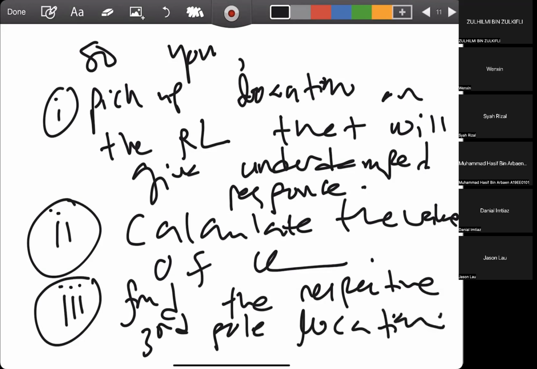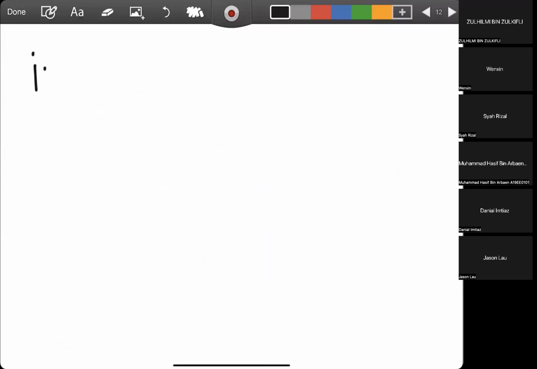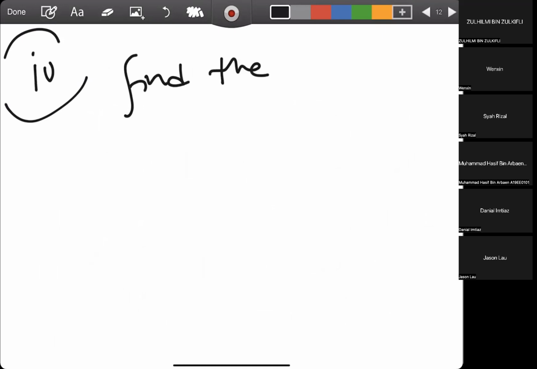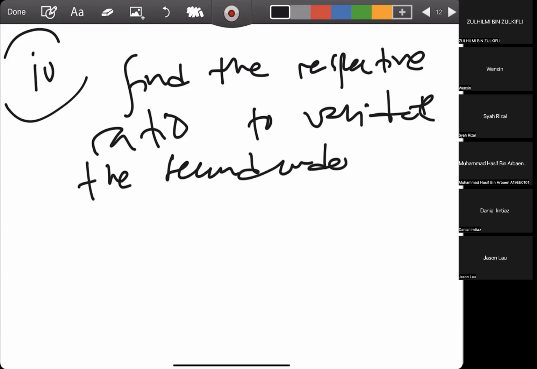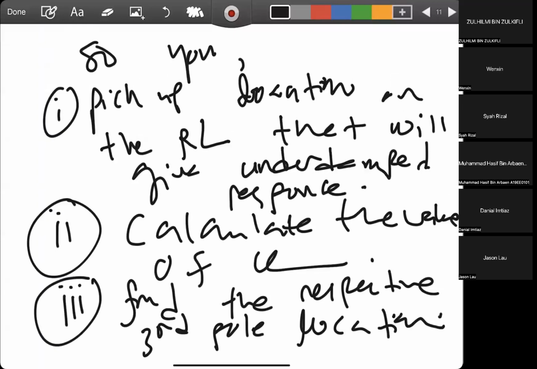Then number 4, find the respective ratio to validate the second order approximations of the dominant pole. So number 1, pick the dominant pole.